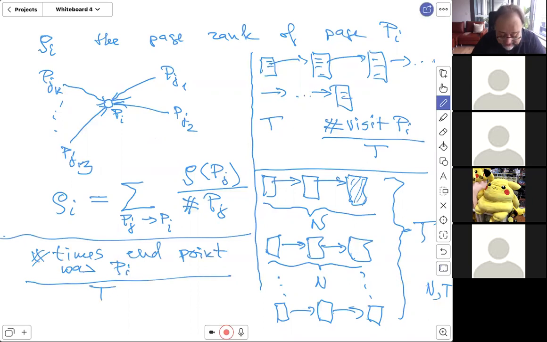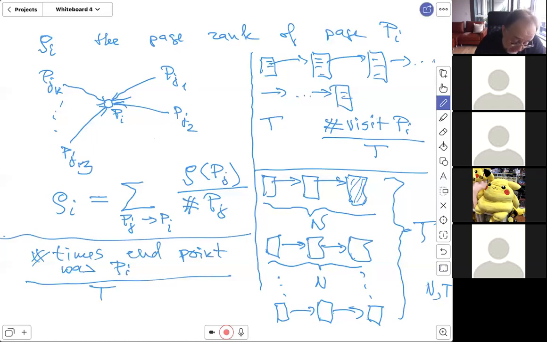And the idea being again the same, that if a web page is important, then it's very likely that after n serves, you should end up at that web page than one that is less important.